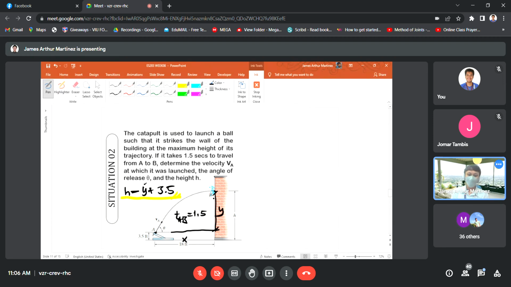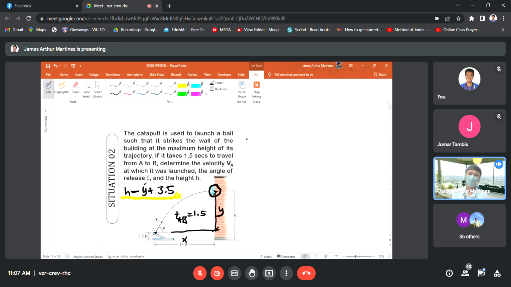Okay, so VA, the initial velocity, is unknown. Then your velocity at point B. Do we have data for VB? It was not given. But you have to take note that the ball strikes the wall of the building. So, at point B, your velocity is put to rest, or it is put to stop.